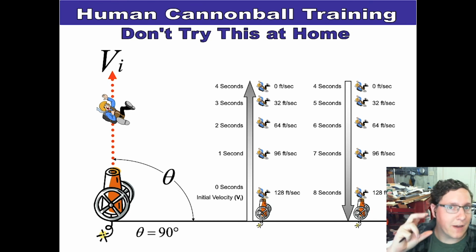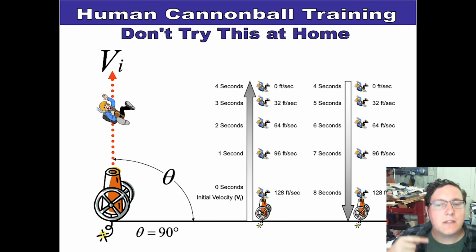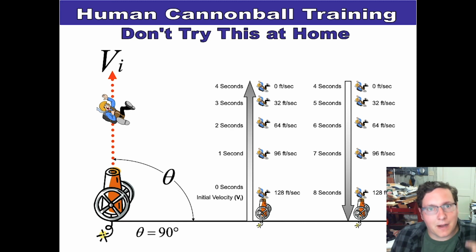It's just floating there. But as time continues, since we don't know how to stop time, that acceleration due to gravity continues pulling you back down towards Earth. So as the force of gravity due to Earth continues pulling you back down, that moment that you were at 0 feet per second, well, you're now headed back down towards Earth.